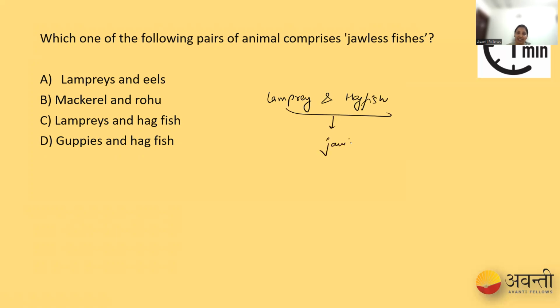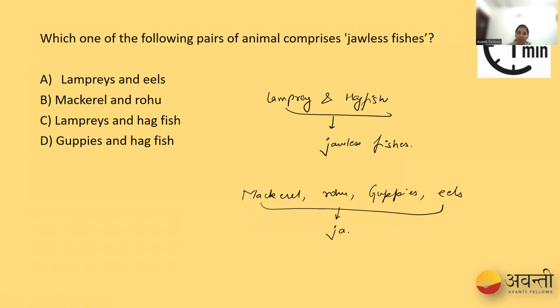They are the jawless fishes. Whereas mackerel, rohu, guppies, eels, they all have jaws. So the correct option is option number C.